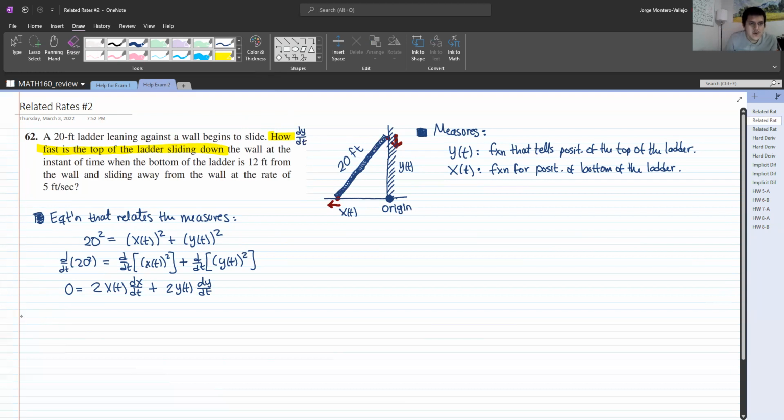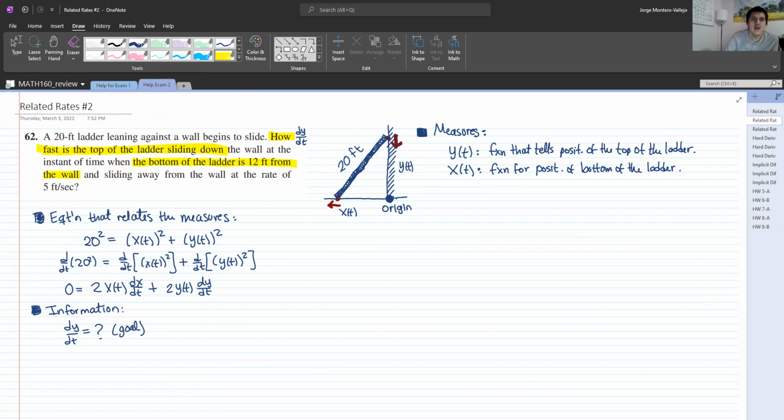Okay, so let's write down our information section. dy dt is our goal. Okay, what other information is the problem giving us? At the instant of time when the bottom of the ladder is 12 feet from the wall.